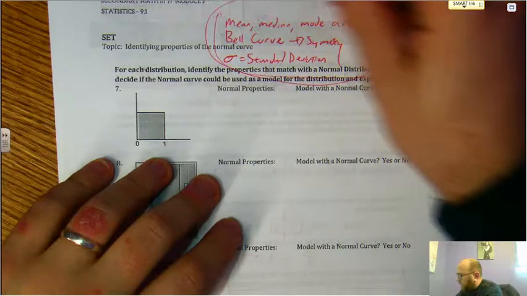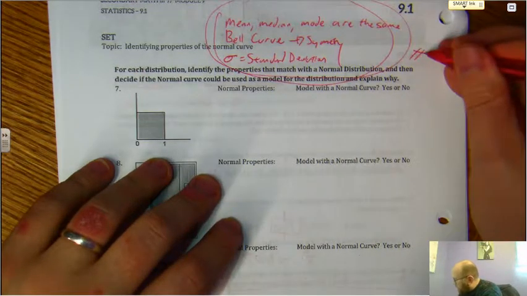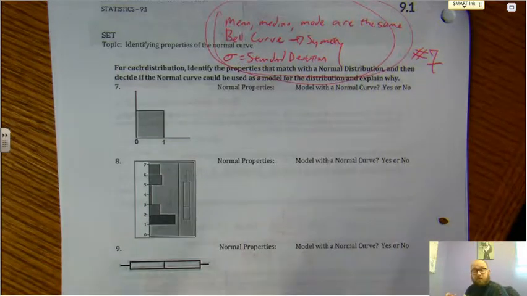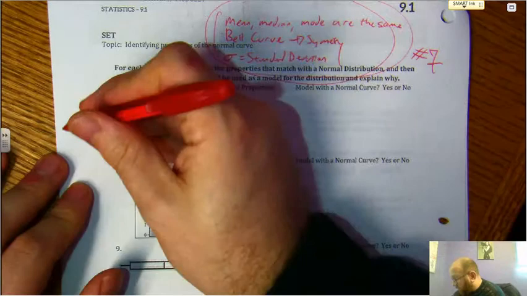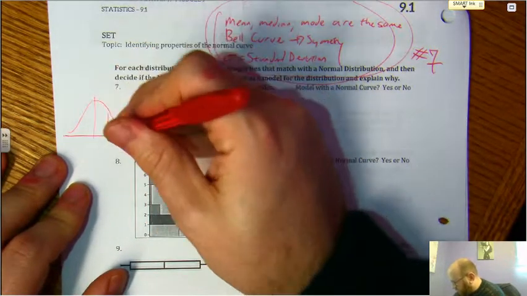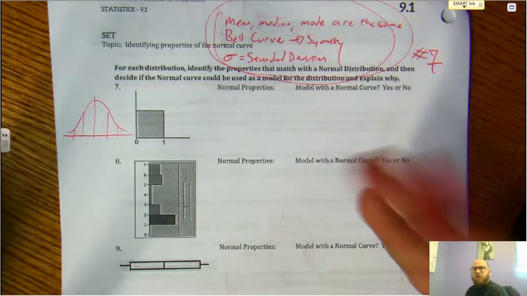So essentially for this one, look back at our opening work, specifically number 7. Problem number 7 should give us a lot of the information of what it should look like. It's this beautiful curve with lines for the standard deviations and the percentages and all that sort of stuff.